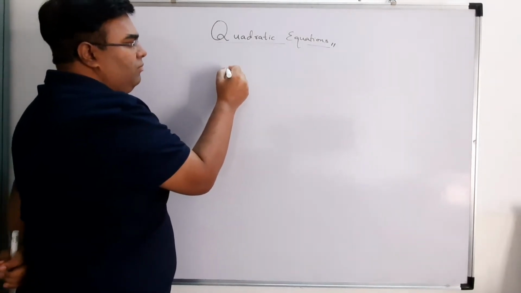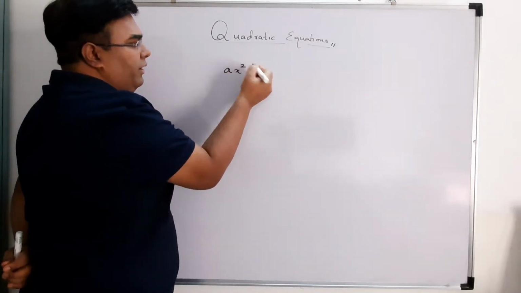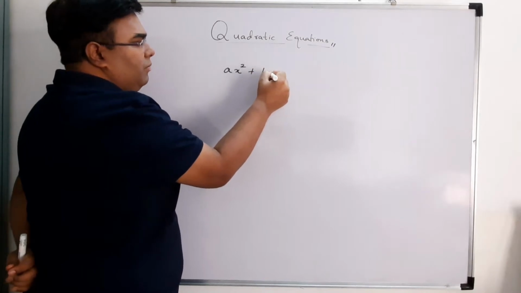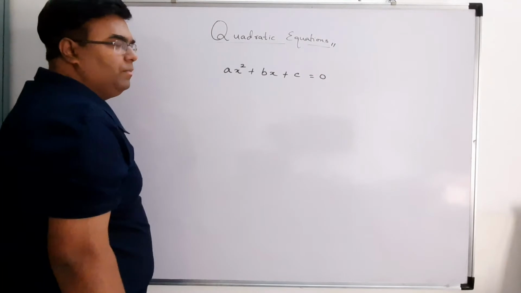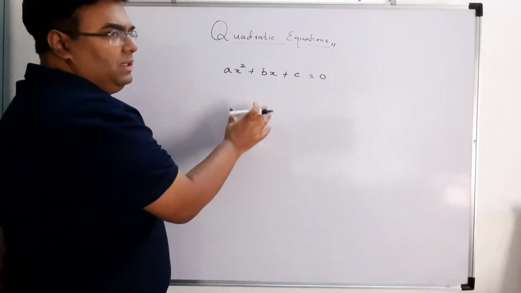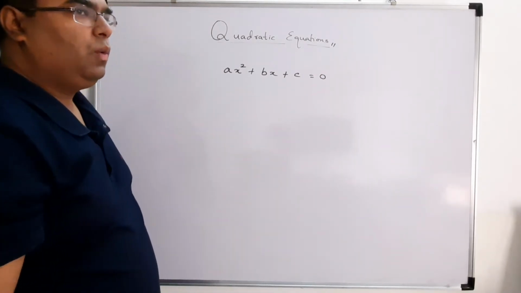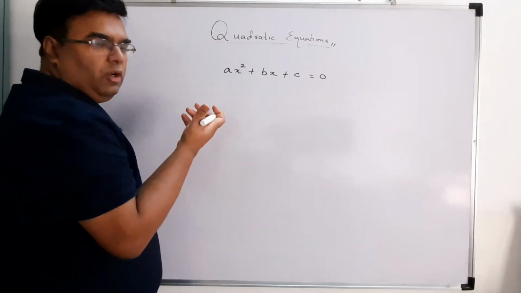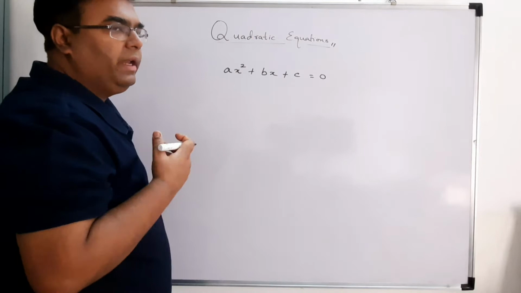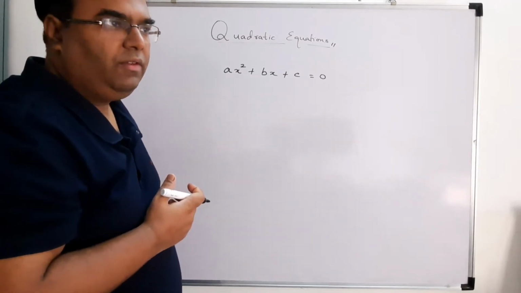This is of the form ax square plus bx plus c is equal to 0. This is the general formula of a quadratic equation, where the degree, what is the meaning of degree? Degree is the highest power of the variable, right?